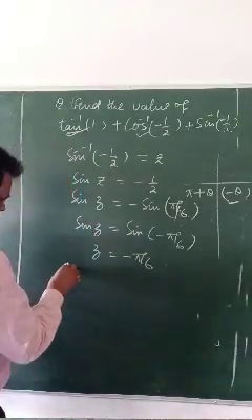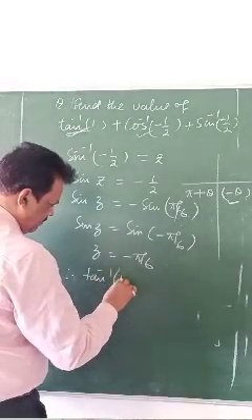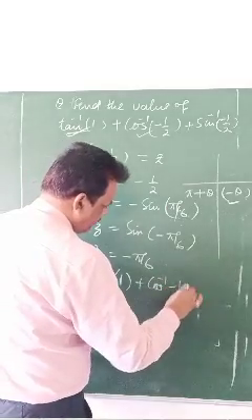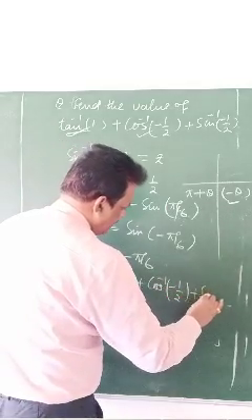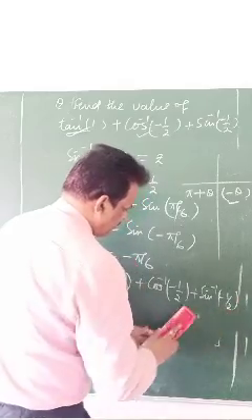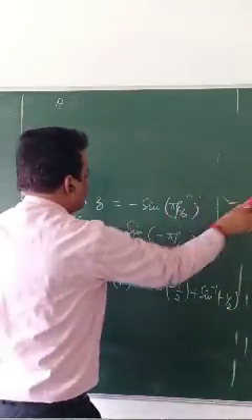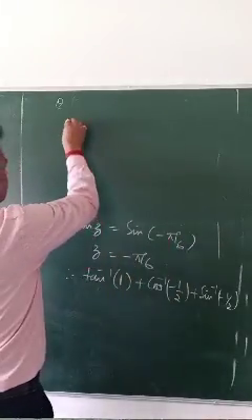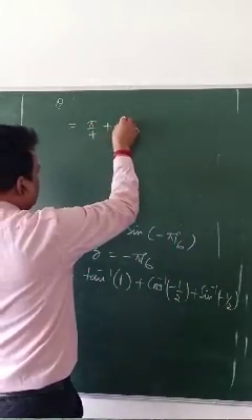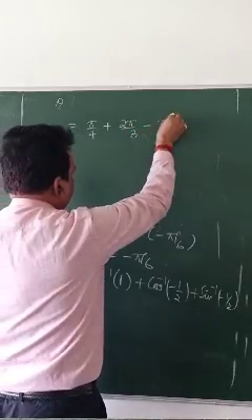Now you put the values. Therefore tan inverse 1 plus cos inverse minus half plus sin inverse minus half gives you pi by 4 plus 2 pi by 3 minus pi by 6.